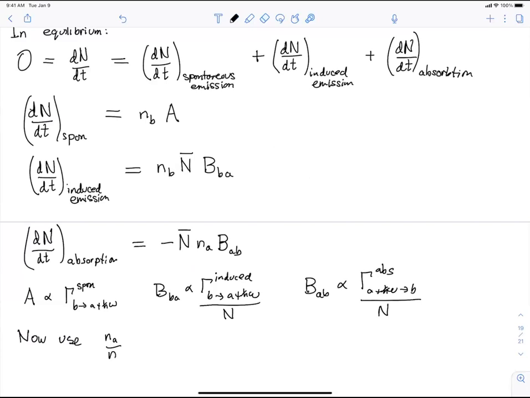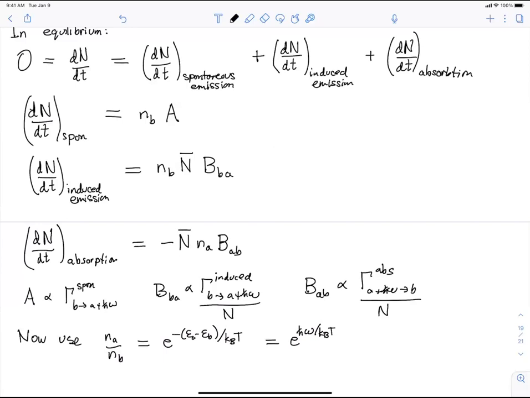So the ratio of the number in state A to the number in state B is equal to e to the minus Boltzmann factors divided by k Boltzmann times temperature. Okay, and by definition, I claim I know what the energies of those are. So there's an h bar omega factor that goes there.